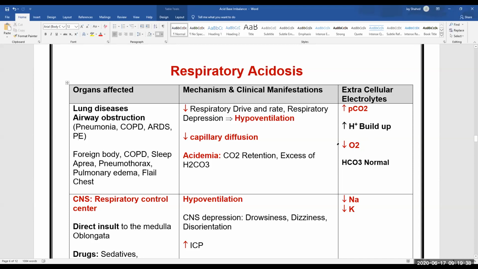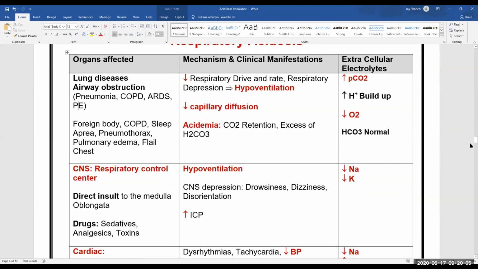What about the O2, the PO2? Decreasing, because compared to the PCO2, it's decreased. So this guy is hypoventilating. You want to give him some oxygen, don't you? So you give him some oxygen to build things up.